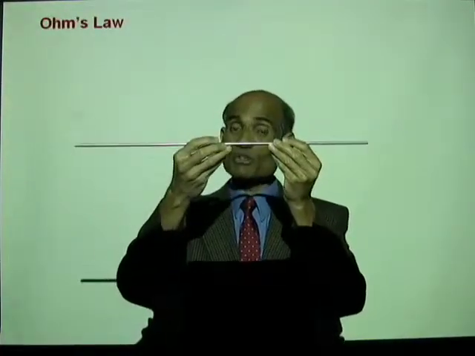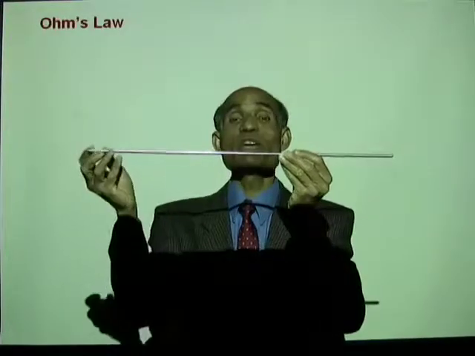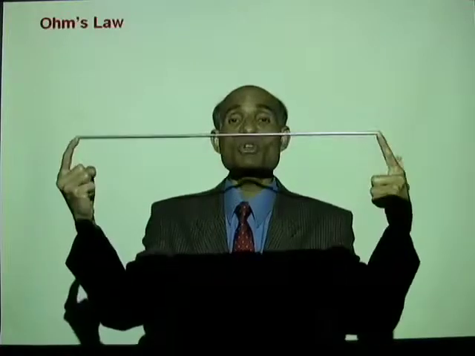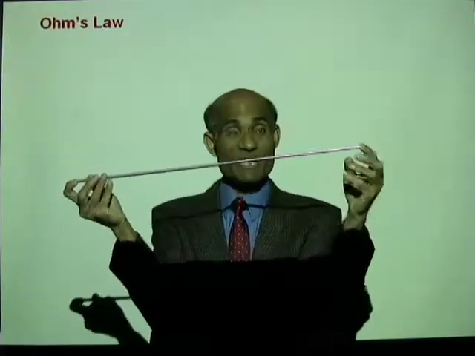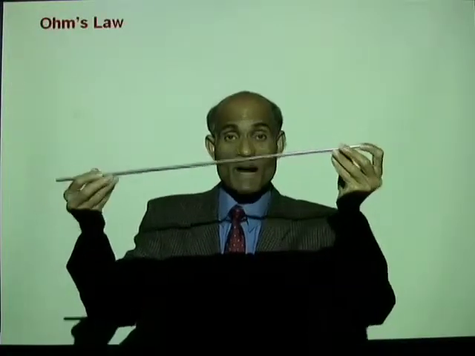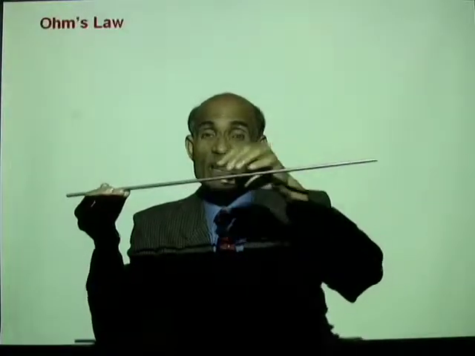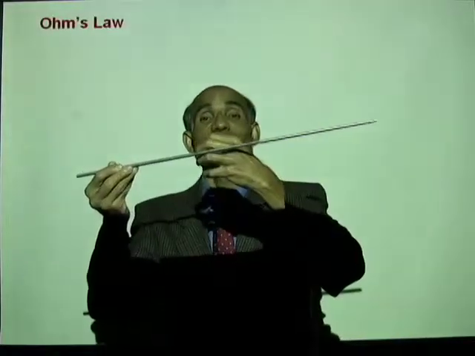An electric current can be made to flow in a conductor like this if we can produce a potential difference between the ends of the conductor. You see, it is the potential difference between the ends of the conductor that will set up an electric field in the conductor. And it is the electric field that then drives the electric current.